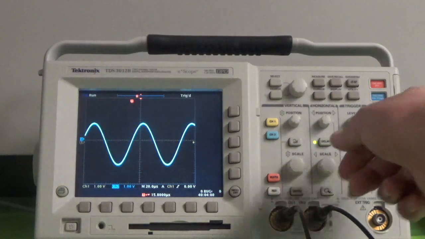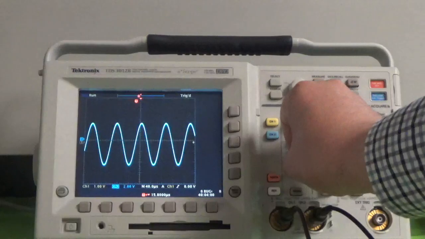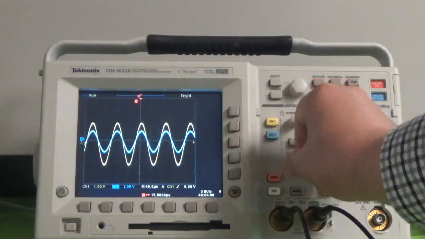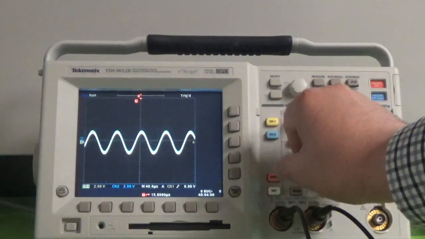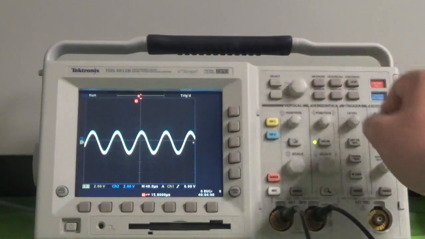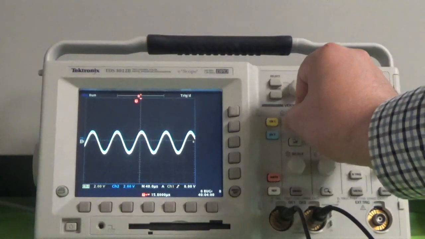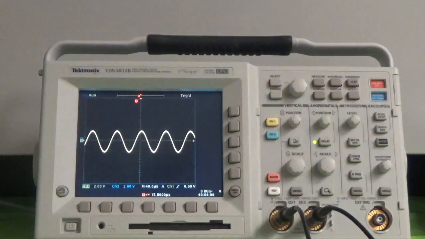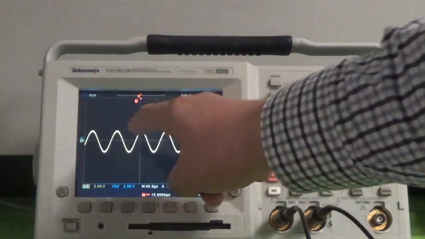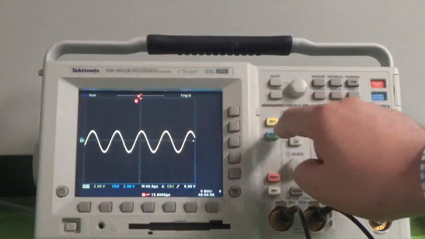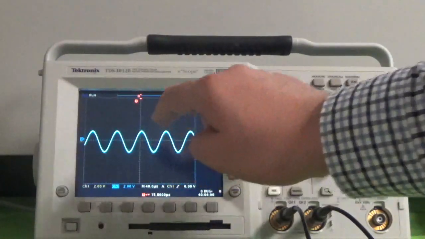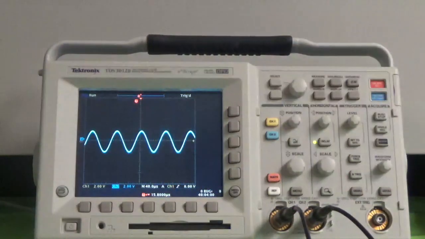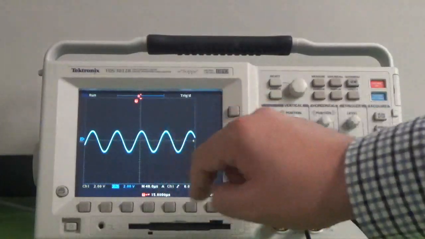Now what do we need to do? We need to change the frequency and see what will happen to the output. The yellow one is the output and the blue one is the input signal. The input signal is from the function generator.